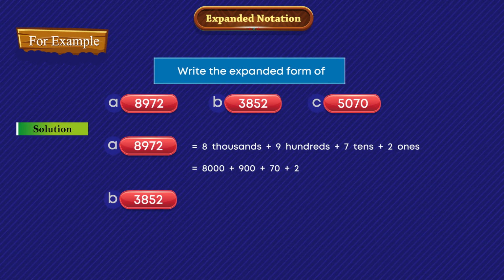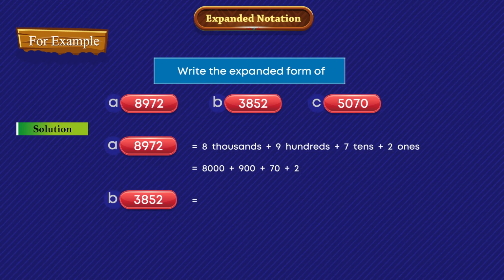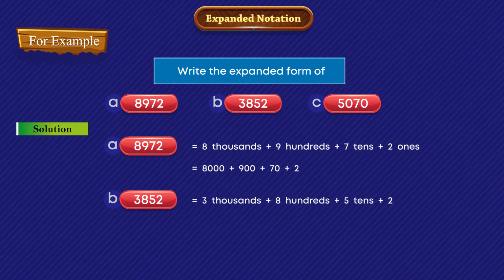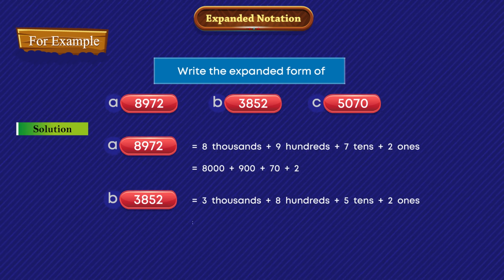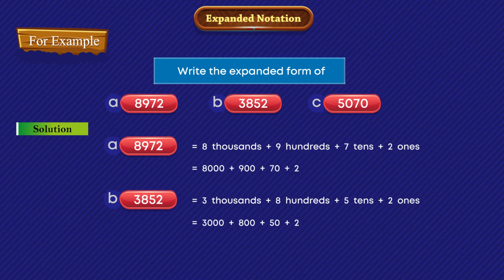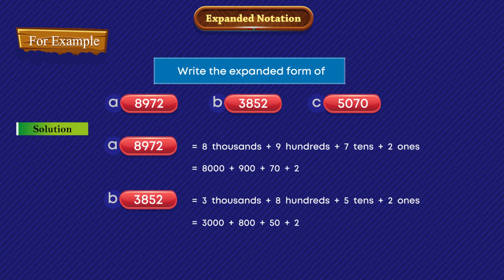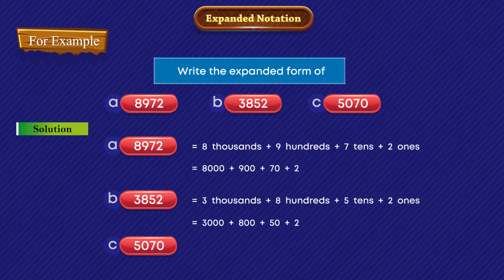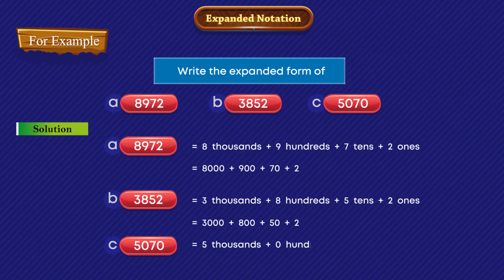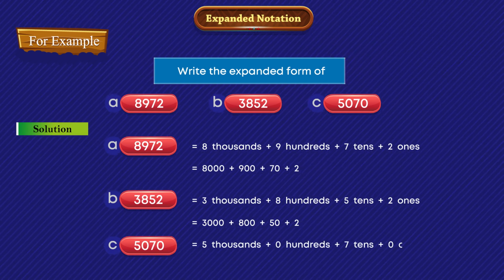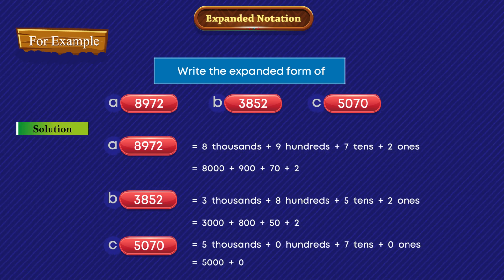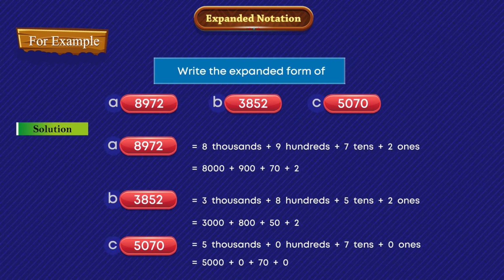B. 3852 is equal to 3 thousands plus 8 hundreds plus 5 tens plus 2 ones is equal to 3000 plus 800 plus 50 plus 2. C. 5070 is equal to 5 thousands plus 0 hundreds plus 7 tens plus 0 ones is equal to 5000 plus 0 plus 70 plus 0.